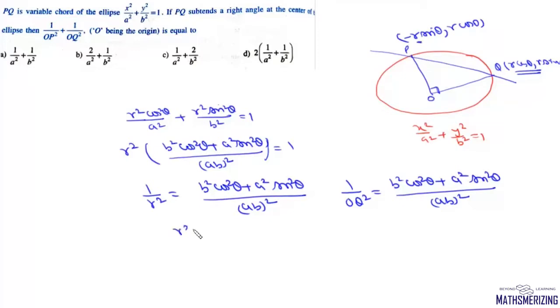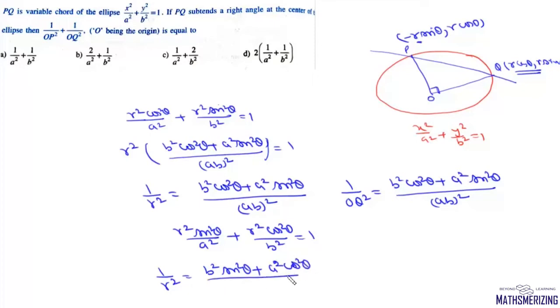So we can write R square sin square theta upon A square plus R square cos square theta upon B square. From here we can write 1 upon R square as b square sin square theta plus a square cos square theta upon a square b square.